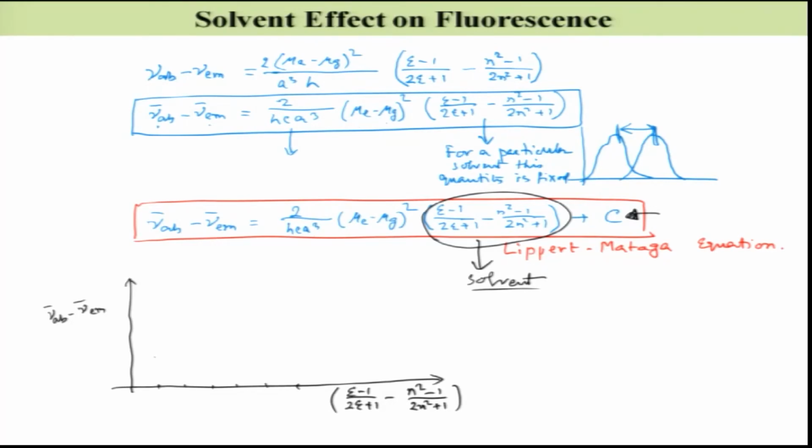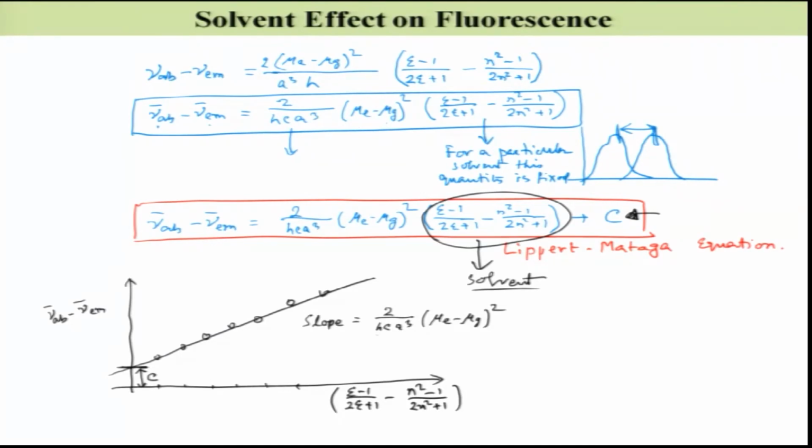I will get different points over here, corresponding to a straight line where the intercept is equal to C, the inherent Stokes shift, and the slope will be equal to 2 by h c a cube times mu e minus mu g whole square.